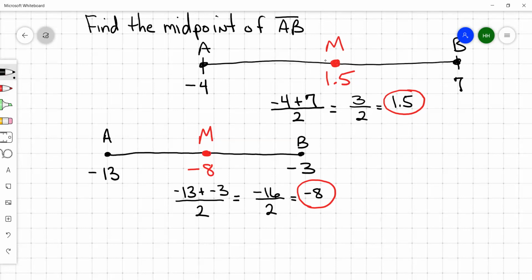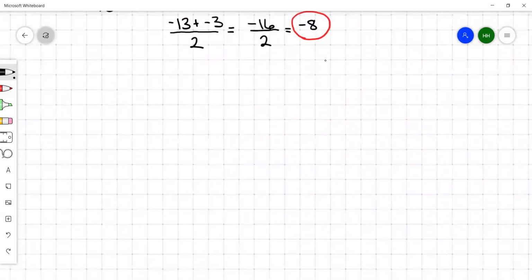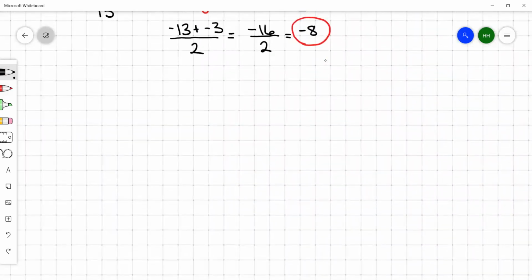Second thing we've got to be able to do is find a midpoint on the coordinate plane.